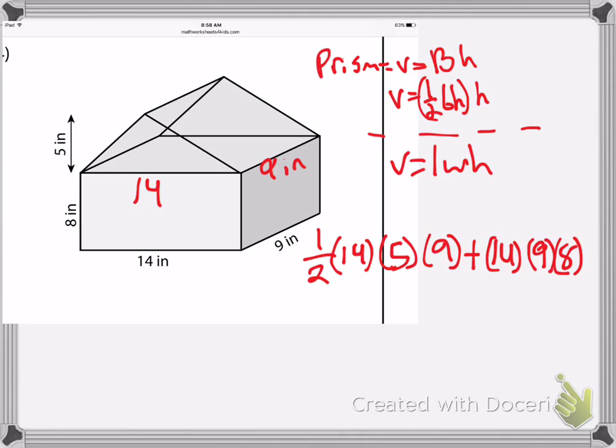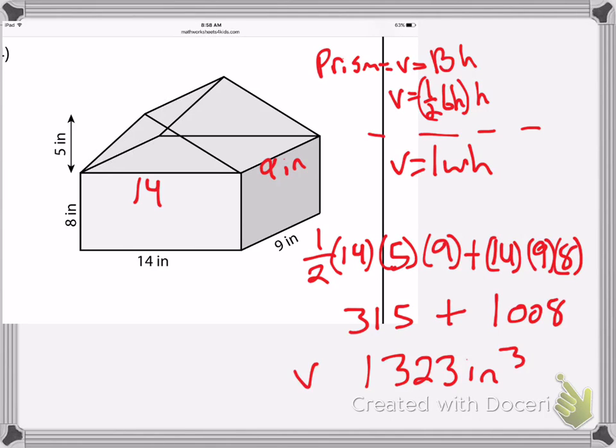That gives me 1,008, and then this one over here is going to give me 315. Add those together and we get 1,323 inches cubed for the volume.